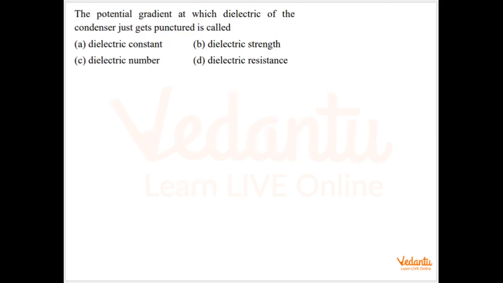In this question, the potential gradient at which the dielectric of the condenser just gets punctured is called what? So my dear bacha log, understand that between the plates of a capacitor, when we add a dielectric, what happens is that at a certain instant, if the electric field between the plates is very very high, the dielectric breaks down and it starts conducting electricity.